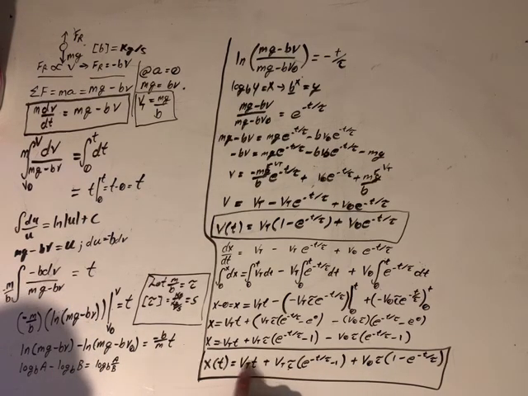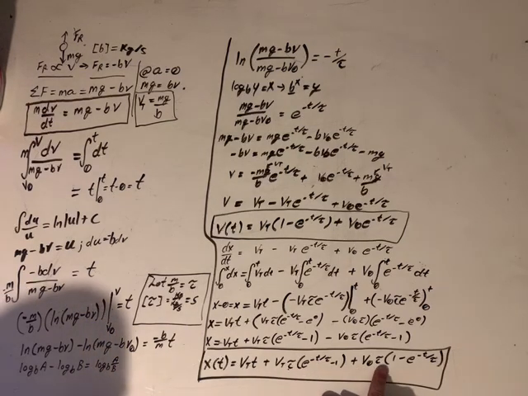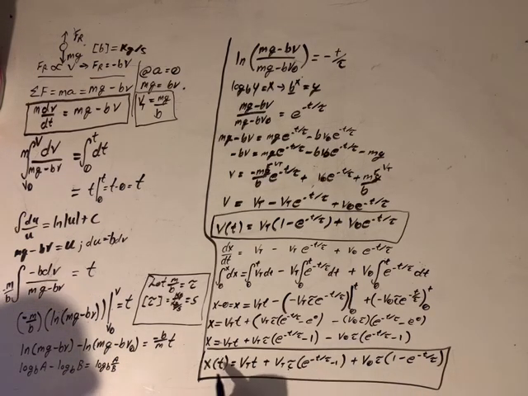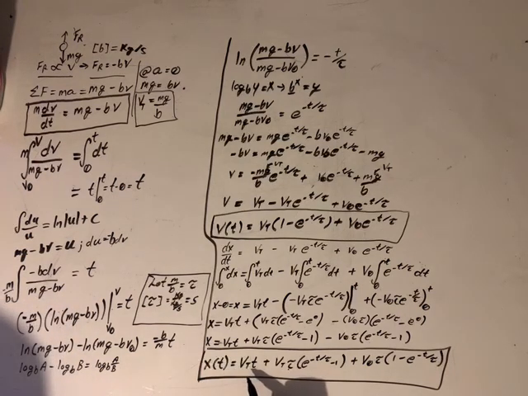Here I have meters per second times second, here meters per second times second, and here meters per second times seconds. So all of these come out to be meters. I have an equation for the distance as a function of time, and the dimensions come out in units of distance.